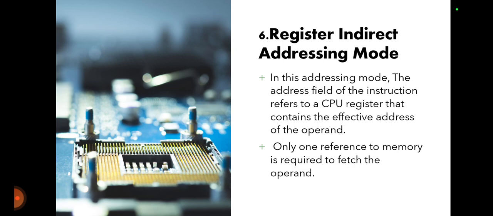Sixth one, register indirect addressing mode. In this addressing mode, the address field of the instruction refers to a CPU register that contains the effective address of the operand. So here the effective address is contained in the CPU register, and only one reference to memory is required to fetch the operand.